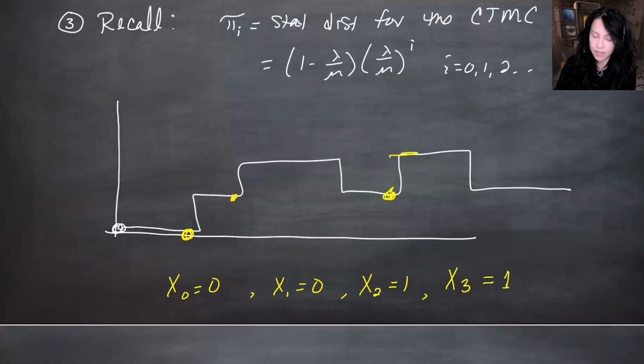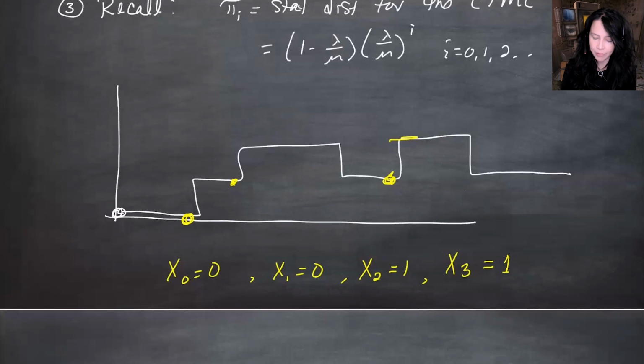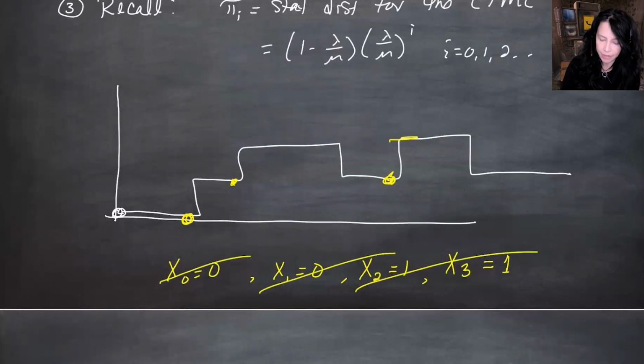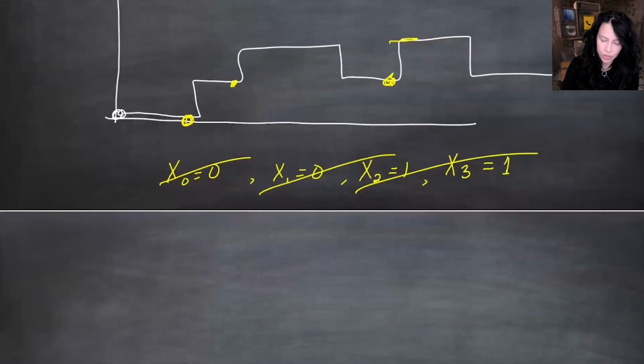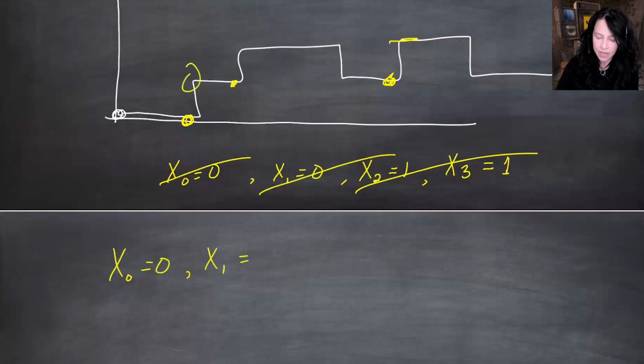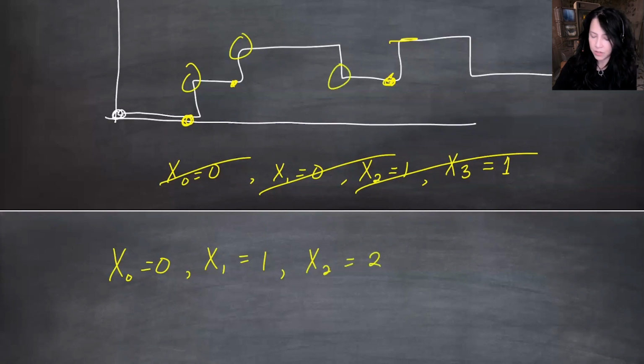And we can look at this with the little yellow dots just after a departure, but what we're doing is actually looking at it at every single change. So we're starting at 0, and then the next time this thing changes it goes to 1, and the next time it changes, it goes to 2, and the next time it changes, it goes down to 1.